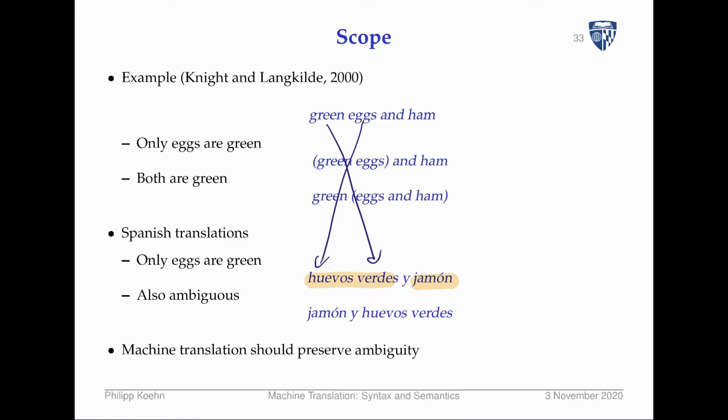So maybe what we should do instead is produce a translation where we put the verdes at the end, and now you have the same ambiguity, where verdes definitely talks about the huevos, and then it's unclear if it also covers the jamón. So is this why again? Is it connecting just these two words, or is it connecting this whole phrase? So machine translation should preserve this kind of ambiguity.